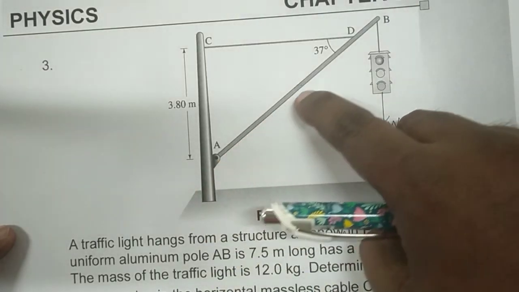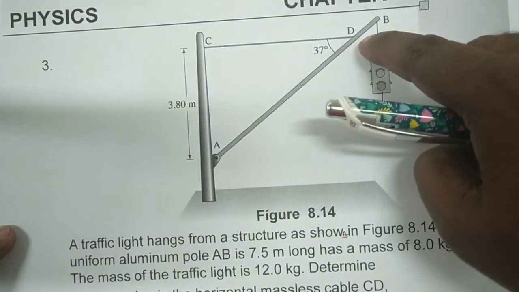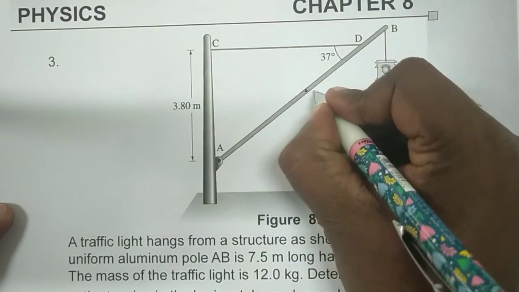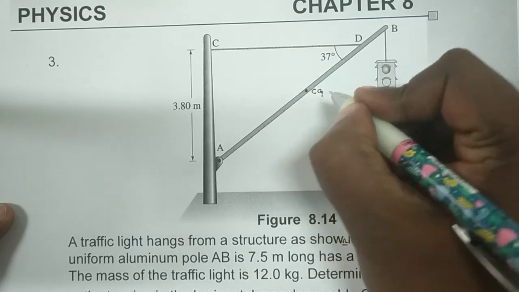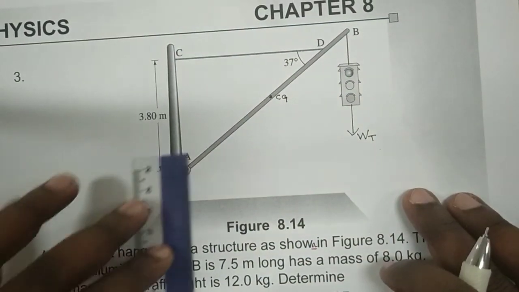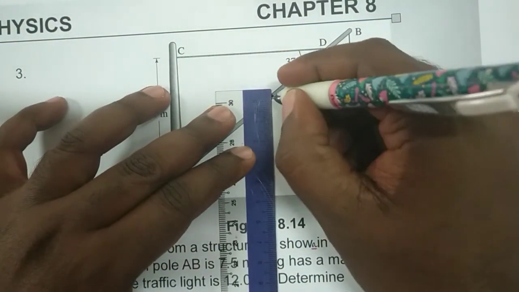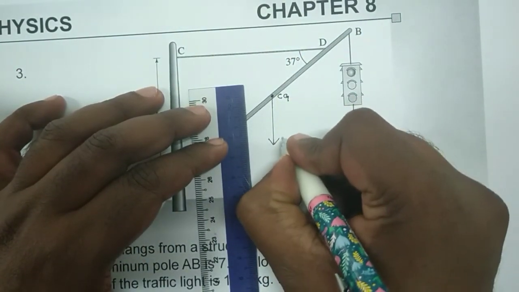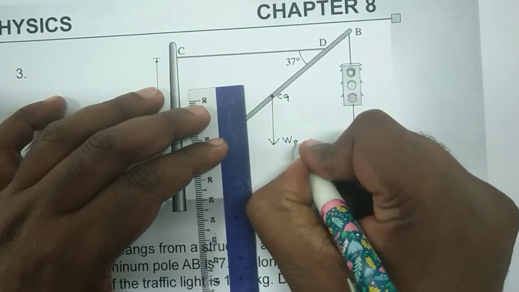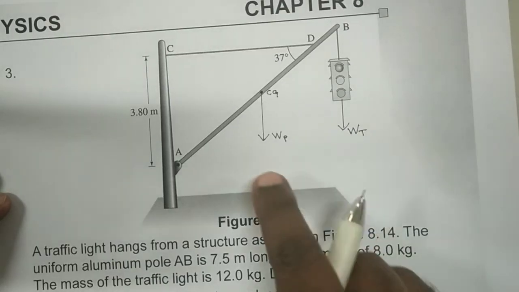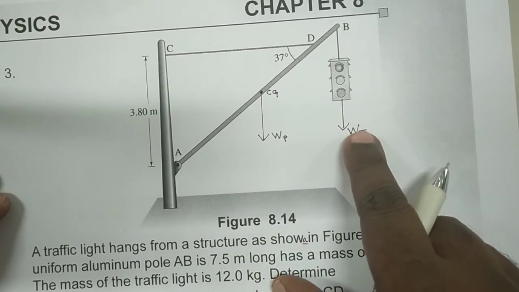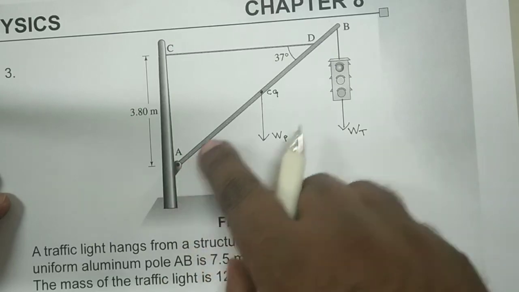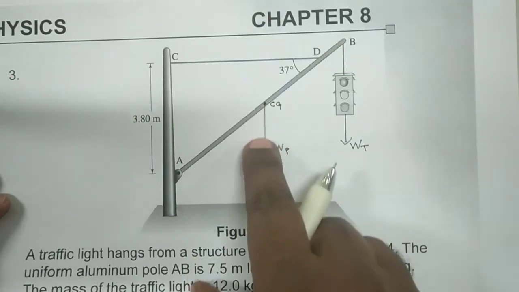This is the uniform aluminum pole. Center of gravity. The direction of the weight, as weight pole. All these gravitational forces, so called weight, are acting below the uniform aluminum pole.